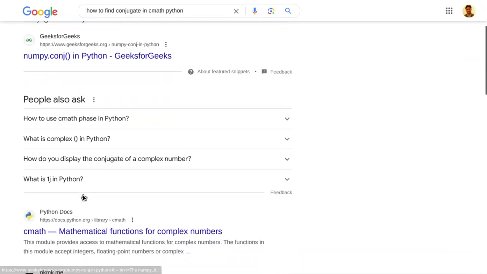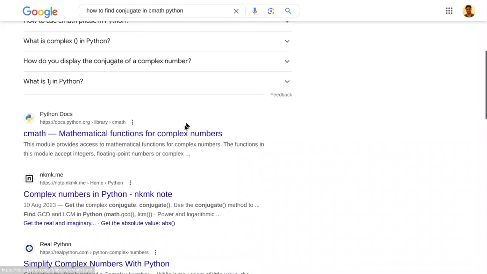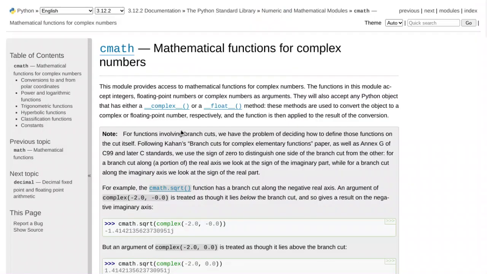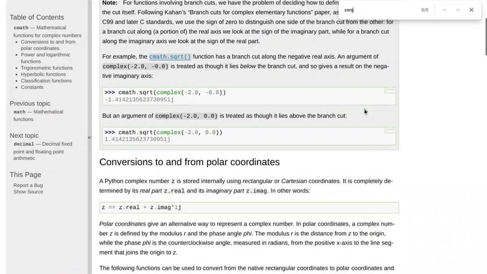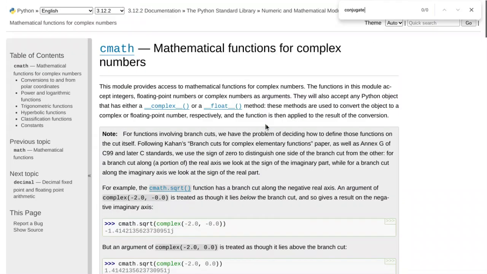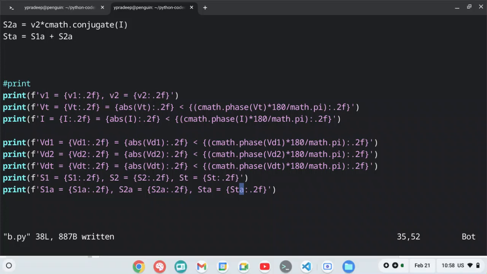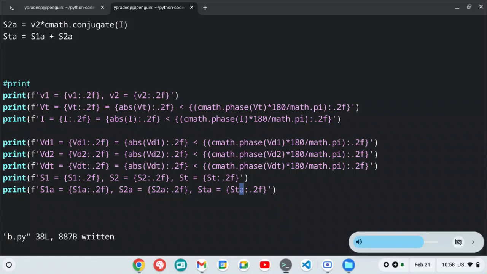Conjugate in J, no, not NumPy. Anyway, I think I will leave it as a homework for you to check.